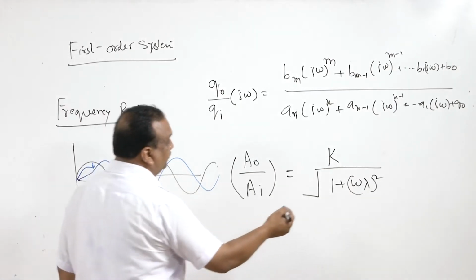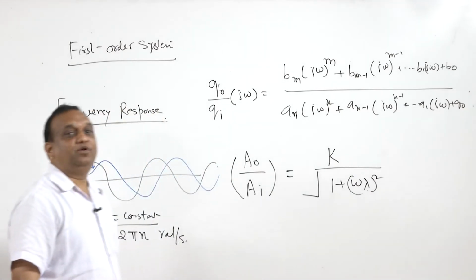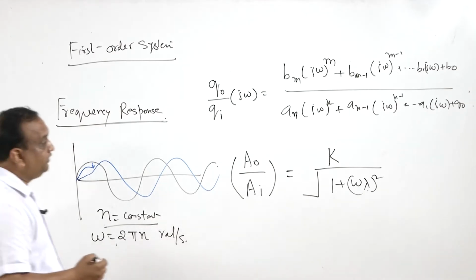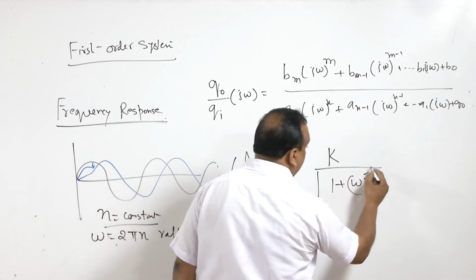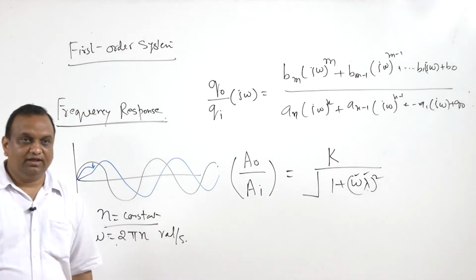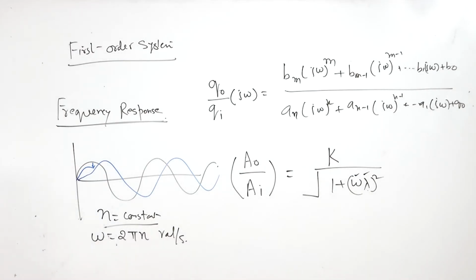And lambda is the time constant. The time constant reflects whether the response is sluggish or very quick. For a large value of time constant, definitely the system response is sluggish. System response is also decided by the frequency. If frequency is high, or when lambda is high, you will find a greater phase difference between input and output.